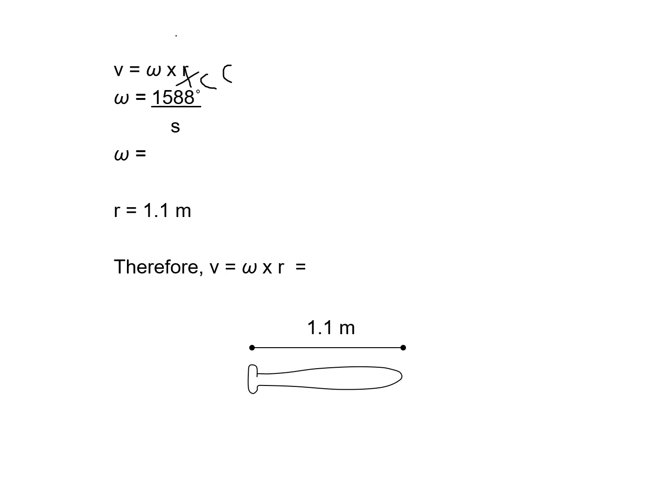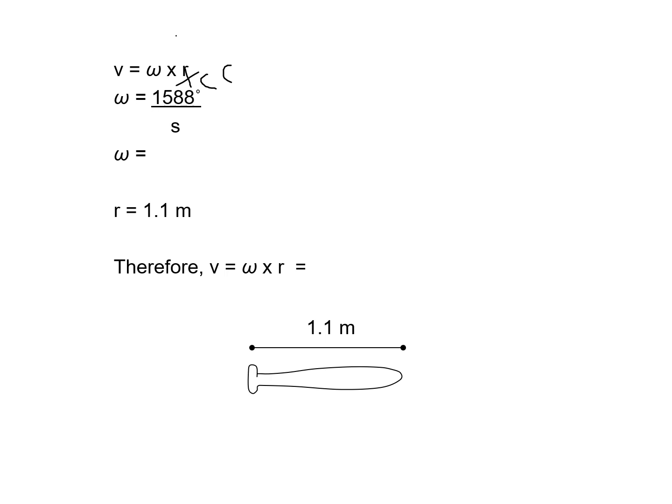We're going to assume that this is a right-handed batter. If they're a left-handed batter, it would have been clockwise motion, but forget about that for right now. We'll say this is counterclockwise motion, so it's positive. They're swinging their bat at 1,588 degrees per second.